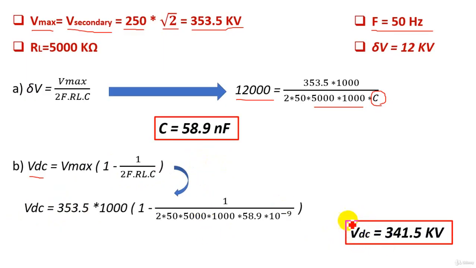So this is the DC voltage of the half wave rectifier circuit. We can see that the half wave rectifier circuit in this problem can produce high voltage DC up to 341.5 kilovolt.